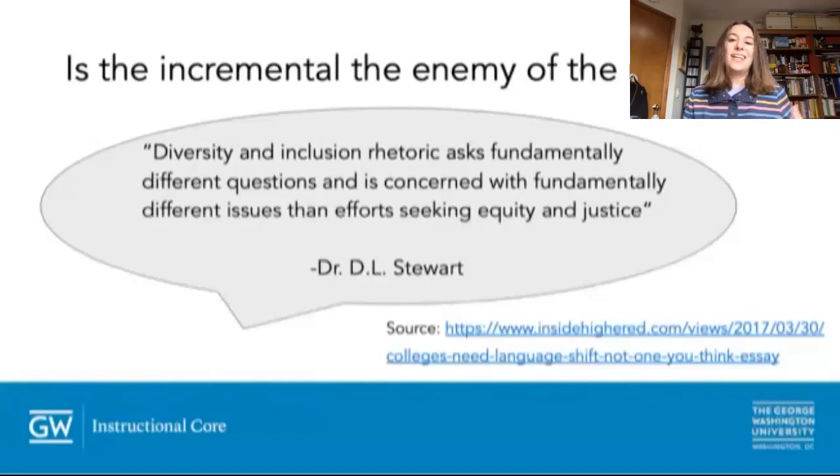So far, we've discussed inclusion as a goal, but not the only goal, and treated it as a starting point, but not a solution. I also want to create a space for the viewpoint that inclusion can stifle other efforts. Dr. D.L. Stewart articulates this provocatively and concisely in a piece in Inside Higher Education. They argue that diversity and inclusion rhetoric often gets substituted for transformative efforts to promote equality and justice.